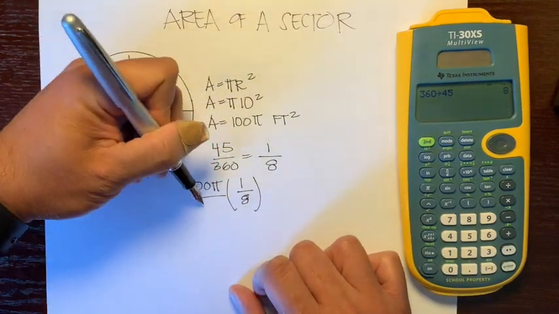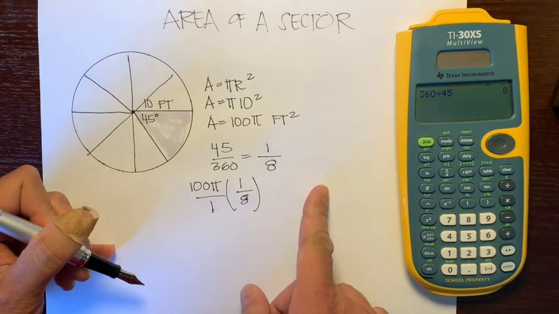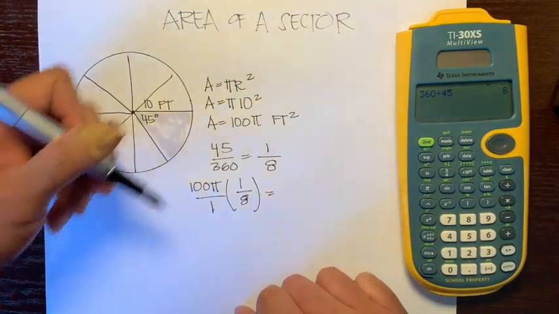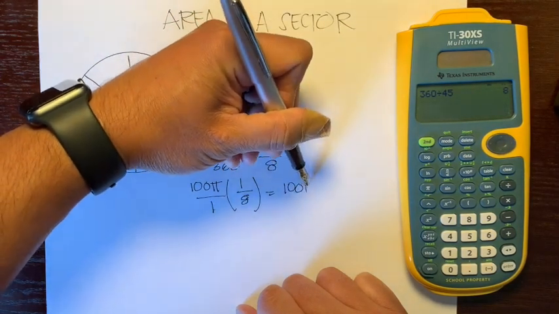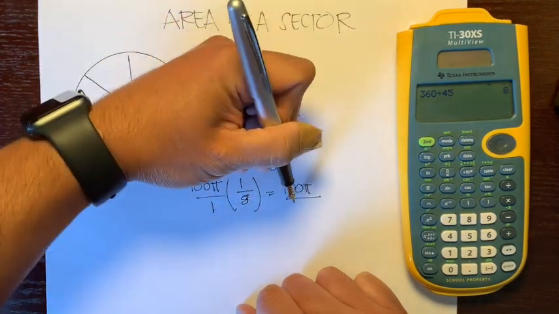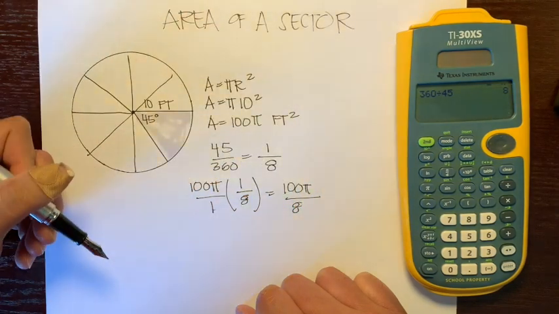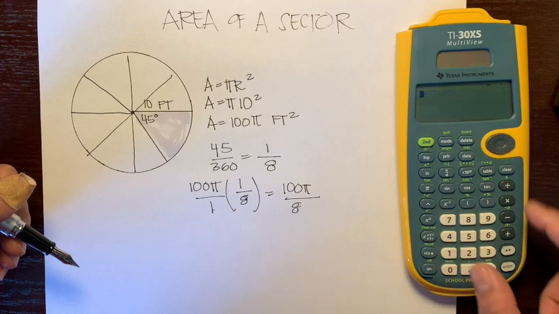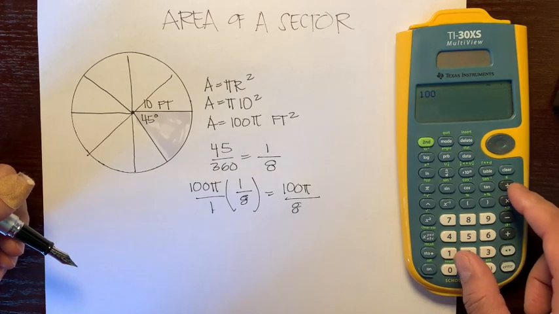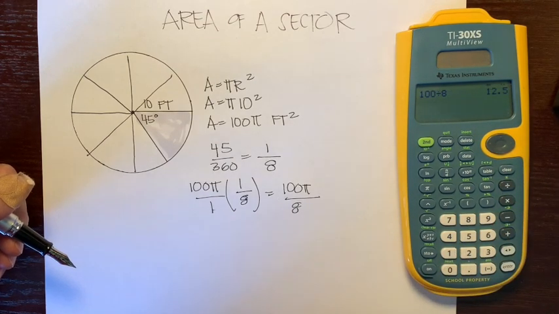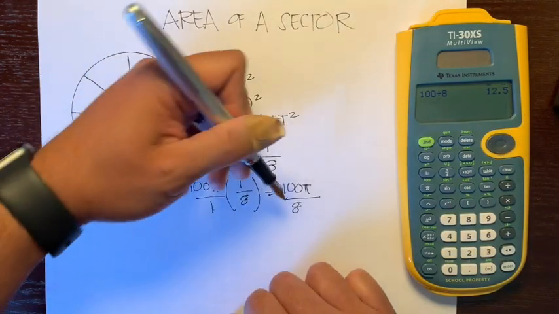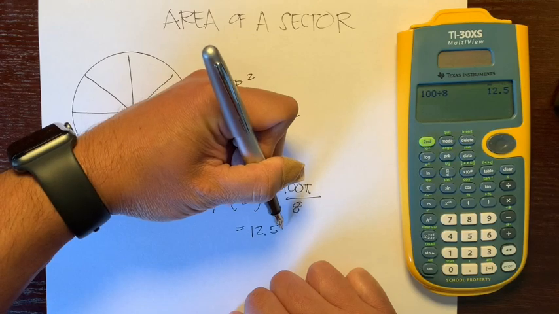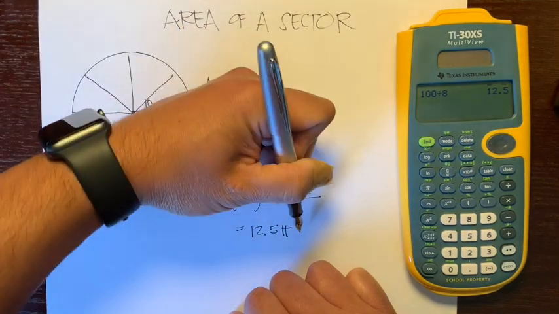So we'll put a 1 under this 100 pi, and we'll just multiply across. 100 pi times 1 is 100 pi. 1 times 8 is 8. And you can simplify that. Let's take our calculators, and 100 divided by 8 is 12.5. So our final answer would be 12.5 pi, and it's in feet squared.